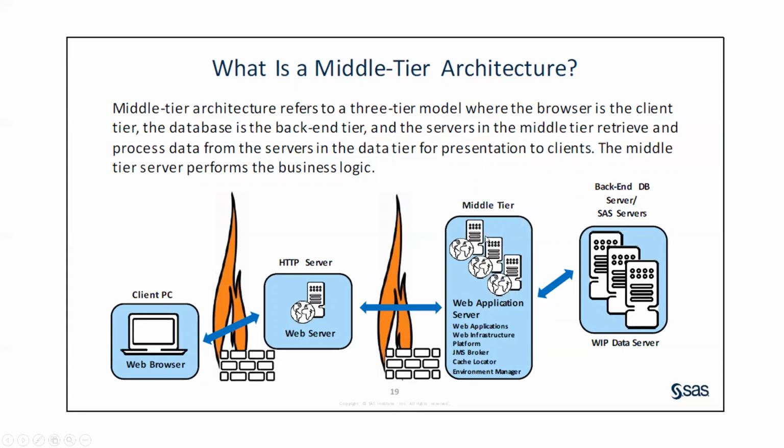Using the middle tier, like web applications, we'll be connecting to the data server, and connect these to the HTTP server, like a browser, and from the browser we will be accessing it in the form of Web Report Studio or in the form of the Information Delivery Portal, like that.